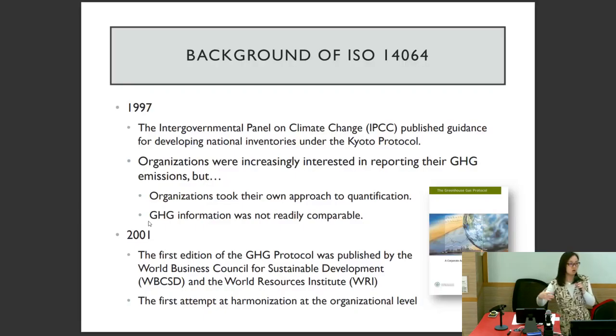According to the Kyoto Protocol, different nations have to reduce their carbon emissions. If you want others to reduce the emissions, then you have to suggest a systematic way for them to report. That's why the IPCC issued a guidance.